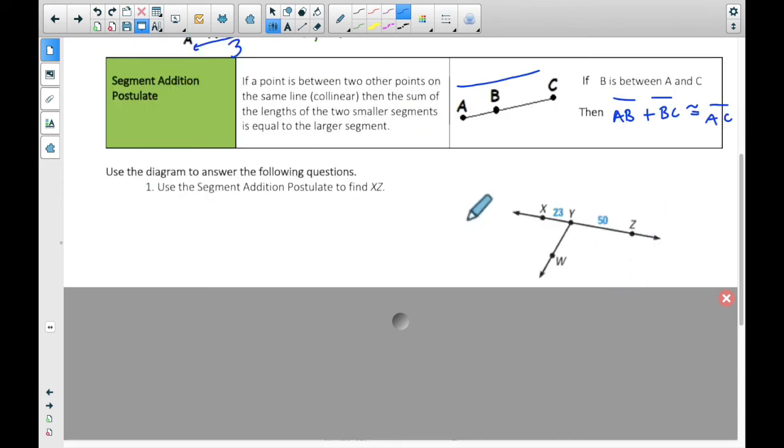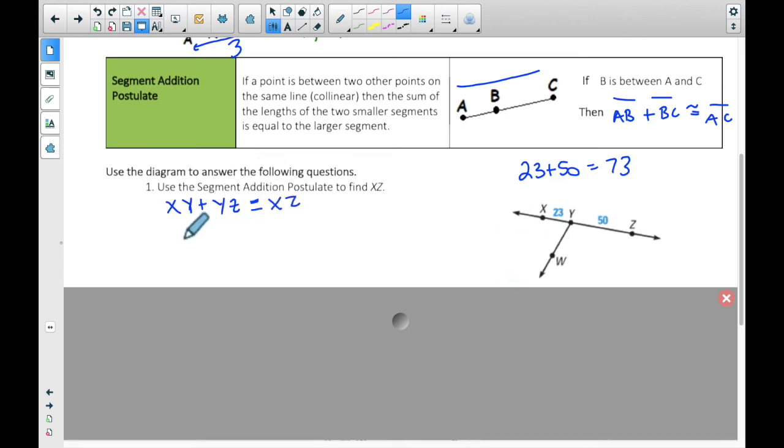If we look at this, it says use the segment addition postulate to find XZ. This is kind of what I was just talking about. If we need to find XZ, aren't we just going to take 23 plus 50? Now in geometry, we might say it a little more specifically: XY plus YZ is equal to XZ.